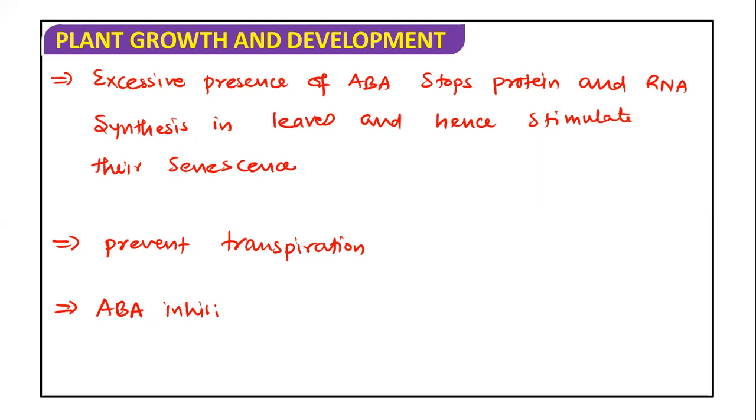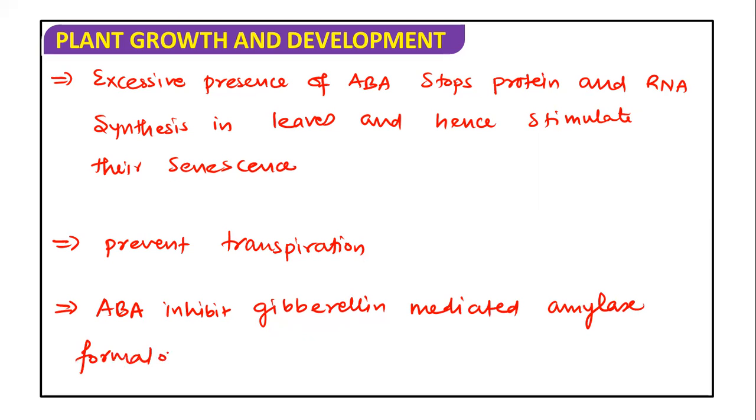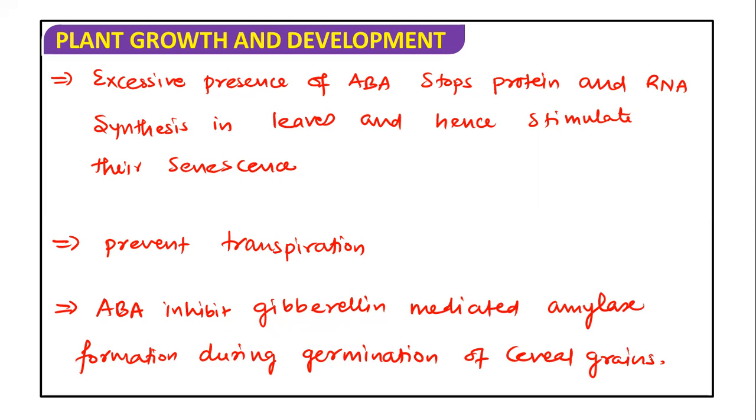Abscisic acid inhibits gibberellin-mediated amylase formation during germination of cereal grains. Okay, so that is ABA.